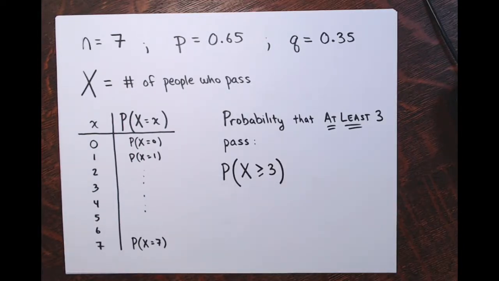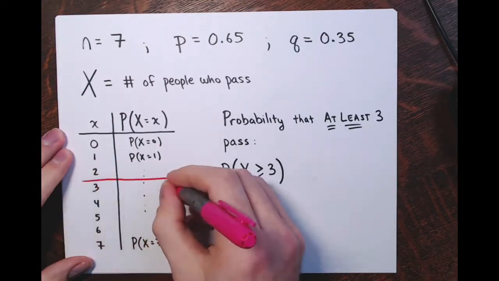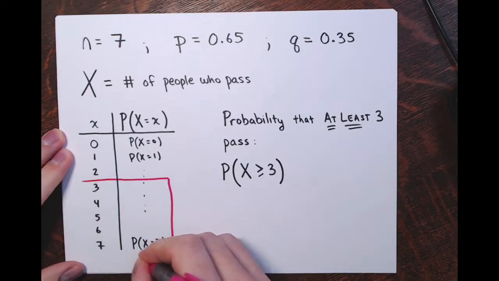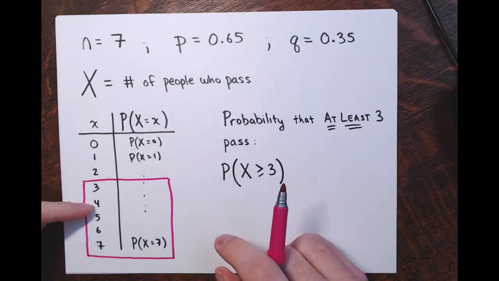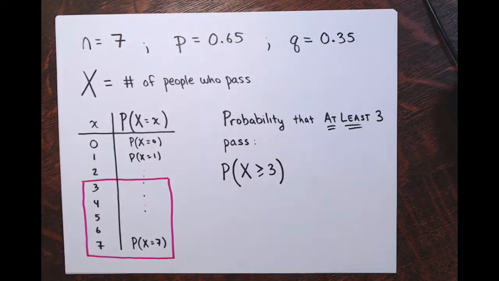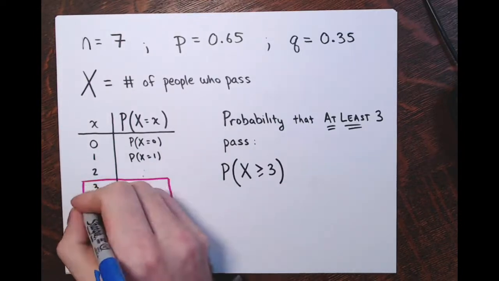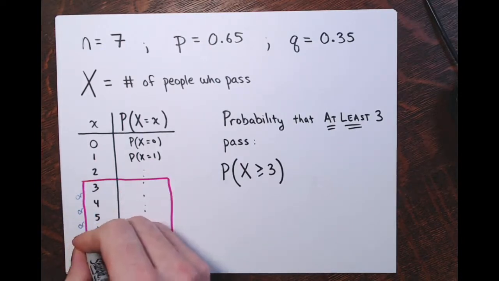Now if you look at my little table over here, being greater than or equal to 3 represents this chunk of the table, right? Getting 3, having 3 of them be successful, or exactly 4 of them, or exactly 5, or exactly 6, or exactly 7. It's or, right? Having 3 or 4, or 5, or exactly 6, or exactly 7.